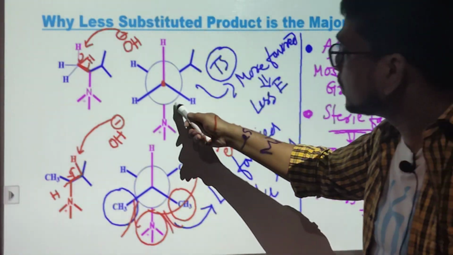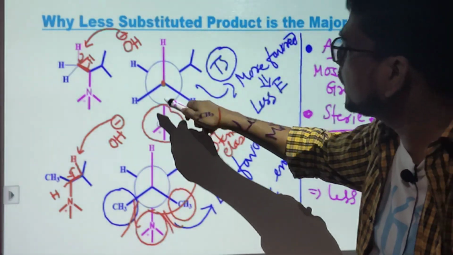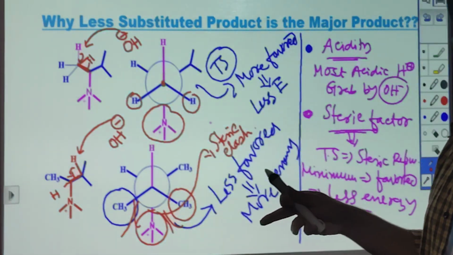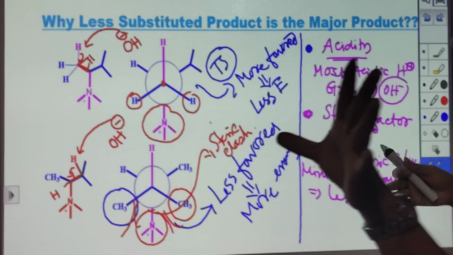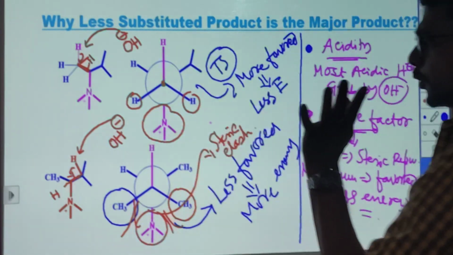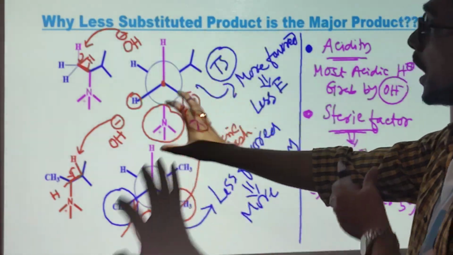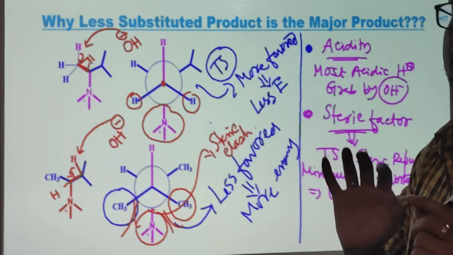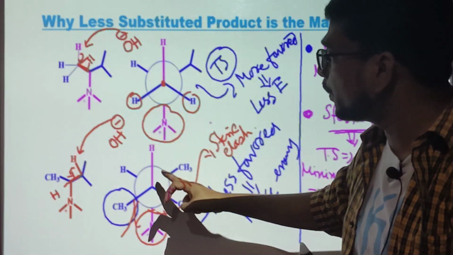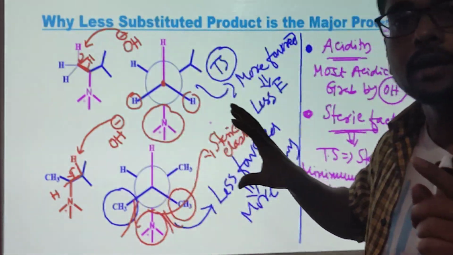In this case, the repulsion compared to the other one is very small, meaning here H and H give minimum repulsion, almost negligible, because the other is the bulky group. That's why the reaction will proceed, or Hoffmann elimination will give you the major product through this transition state, not the other, because this will have lower energy.